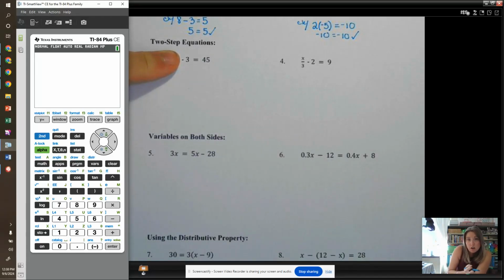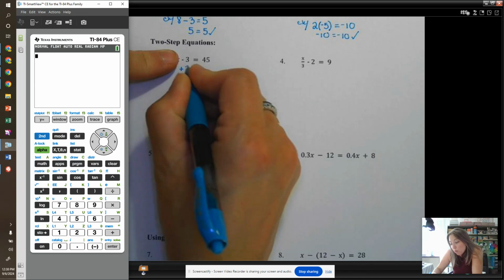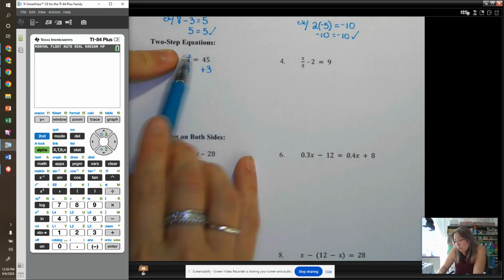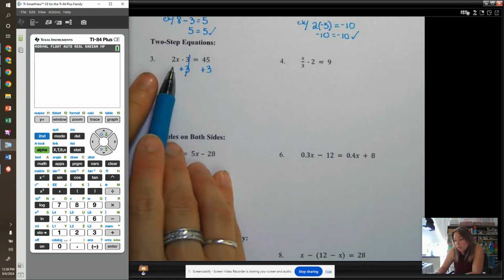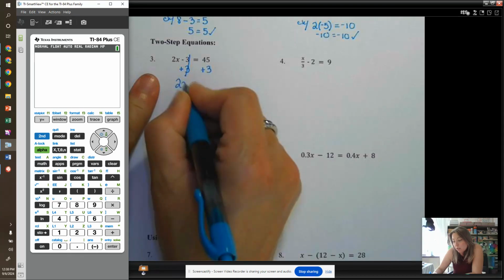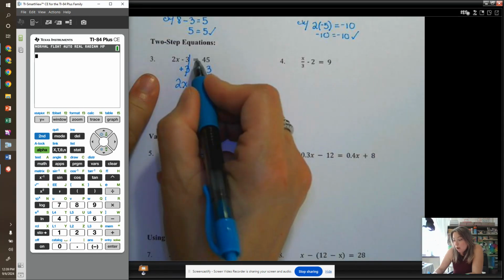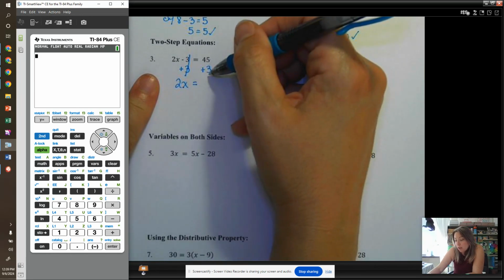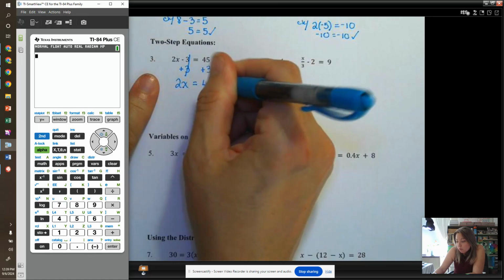The inverse of, or the opposite of, a negative 3 is a positive 3. So add 3 to both sides. I get that 3 removed from here, and all that's left on this side of the equal sign is my 2x. I bring that down, bring down my equal sign, and 45 plus 3 gives me 48.